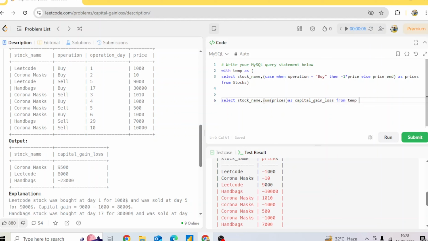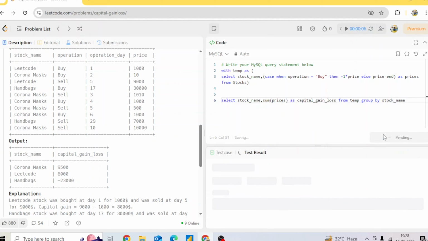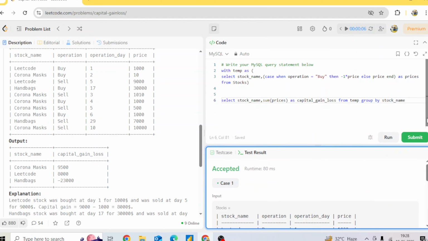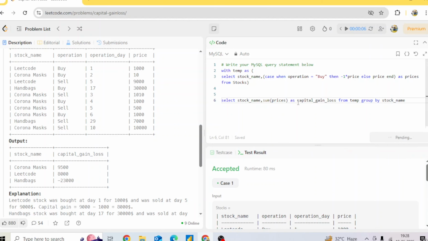Now I need to find the sum of prices, but obviously I need to group them by the stock name. So I will simply apply the group by stock_name. I think this should work. Okay, this is accepted. Let us submit the code.